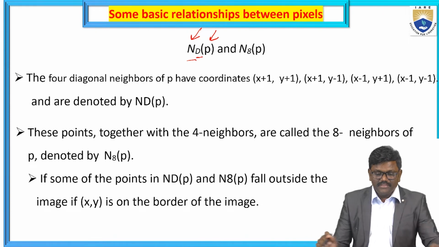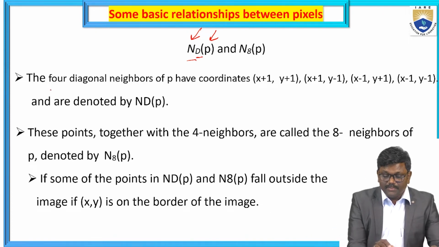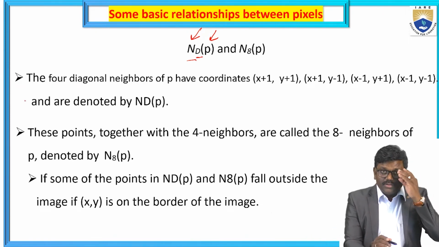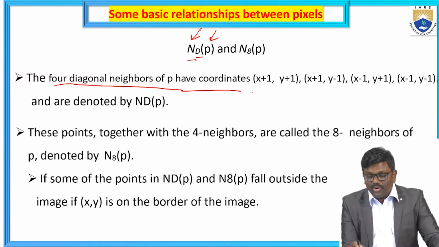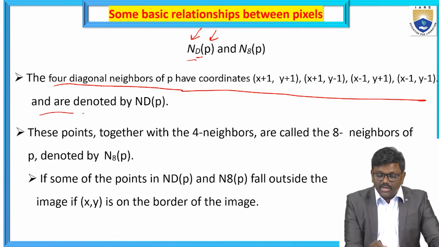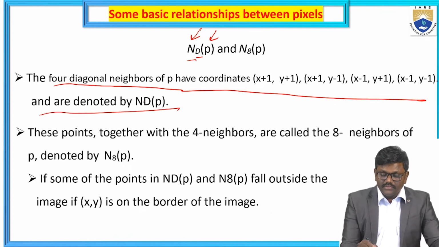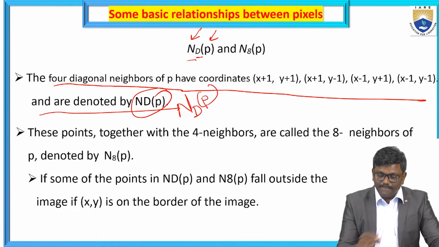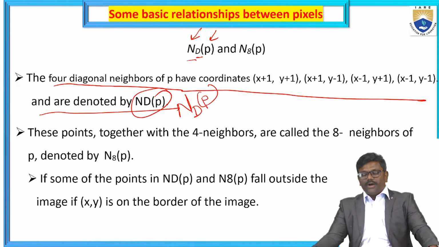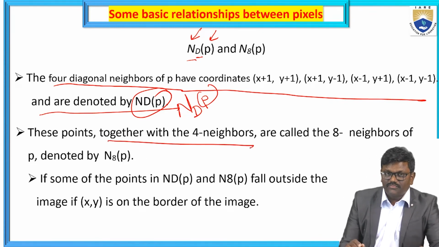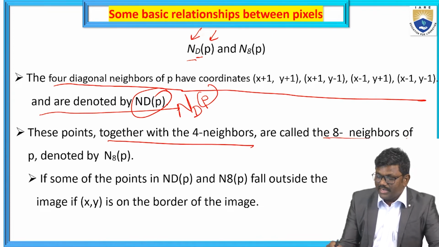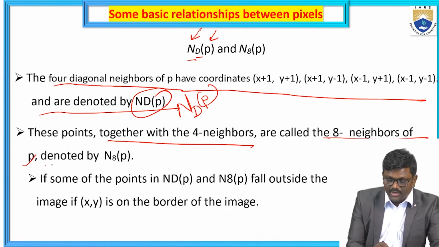So how can I say this, by considering one of the best examples: the 4 diagonal neighbors of a pixel p have coordinates and are denoted as n suffix d of p. Okay. So these points together with the 4 neighbors are called the 8 neighbors of p, denoted by n suffix 8 of p.